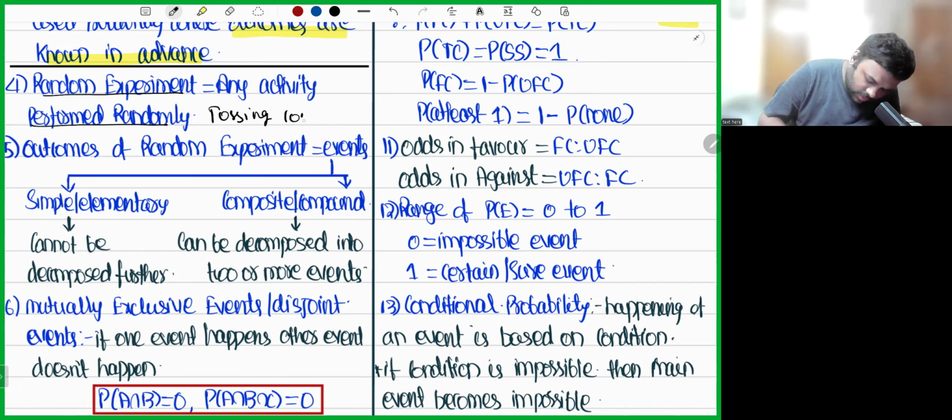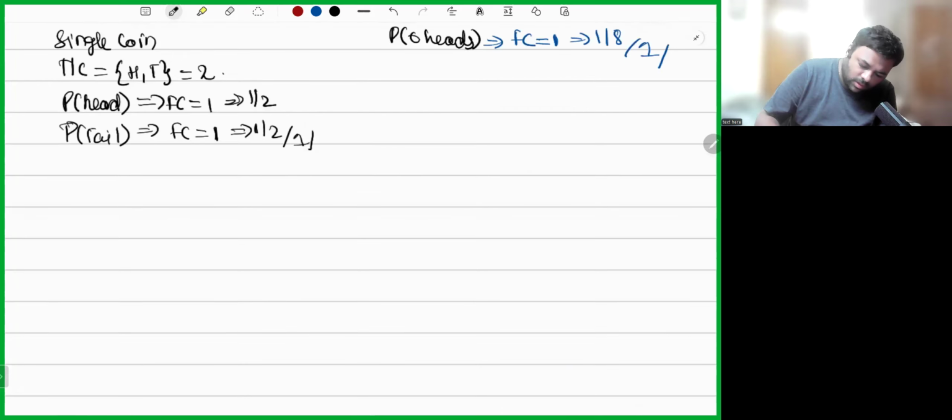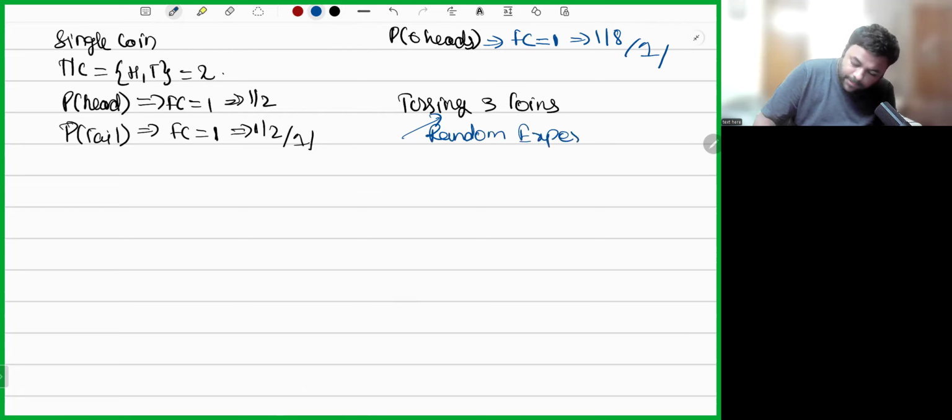And all. Now see here, my dear friends. You are tossing 3 coins. Okay. This tossing 3 coins is a random experiment. For this random experiment, you can get either 0 heads or 1 head or 2 heads or 3 heads.